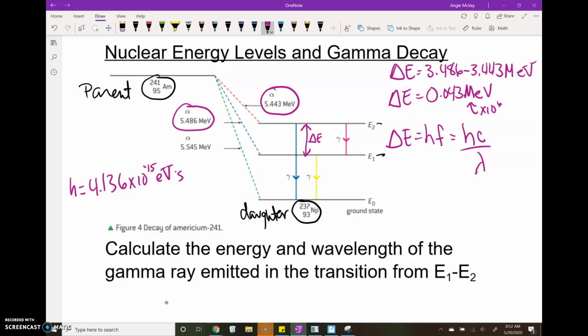Okay, so we put our energy right here, Planck's constant in electron volts, the speed of light, and we can solve for the wavelength. And the wavelength turns out to be about 3 times 10 to the negative 11 meters.